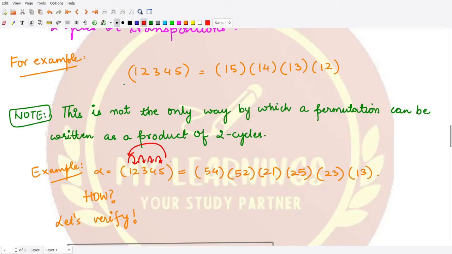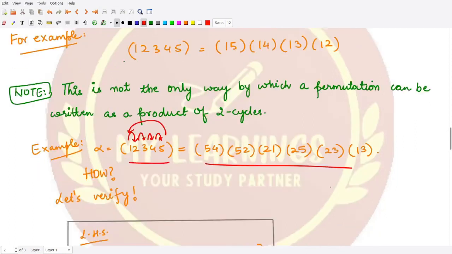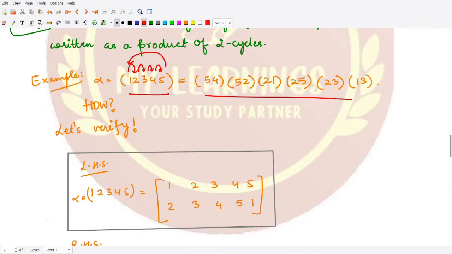So we just have to verify this by taking the left hand side as well as the right hand side. In the left hand side, you can write your cycle like this: 1 maps to 2, 2 maps to 3, 3 maps to 4, 4 maps to 5, 5 maps to 1. Now we have to check whether in the right hand side we obtain the same thing.